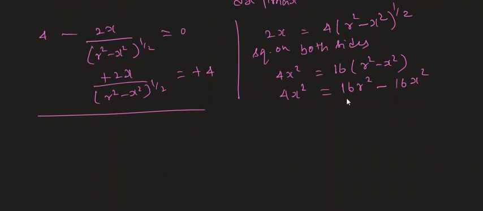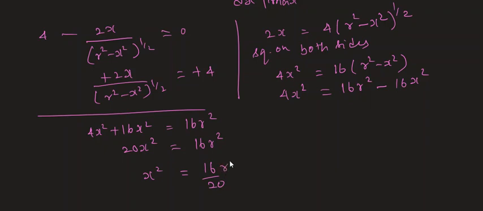Now we want to find x. So 16x squared can be brought here. So 4x squared plus 16x squared is equal to 16r squared. Therefore 20x squared is equal to 16r squared, and x squared is equal to 16 by 20 into r squared, that is 4 by 5.